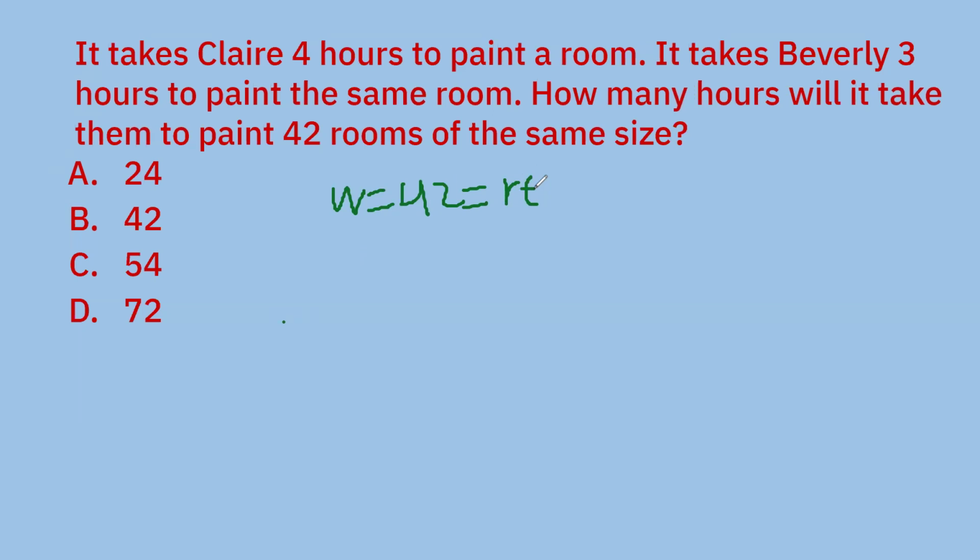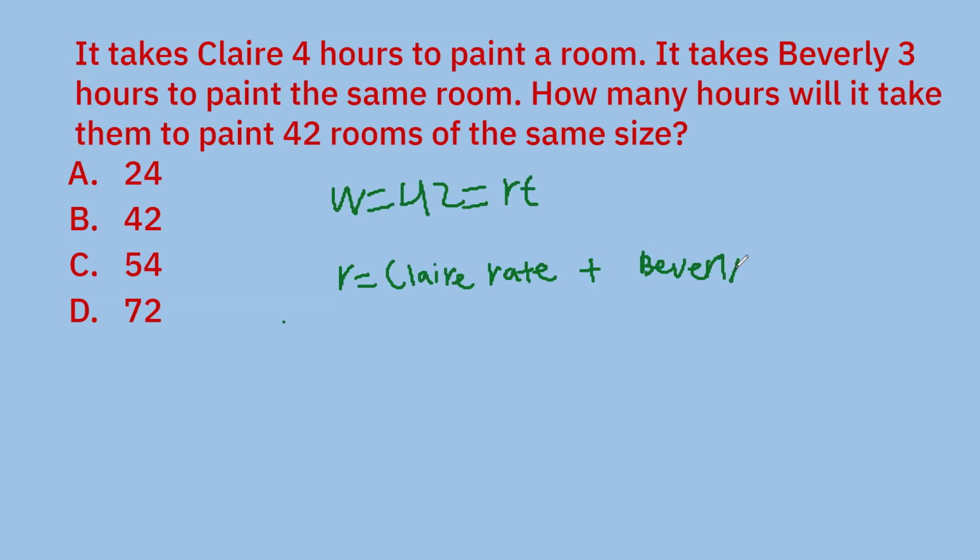Now let's find R. R equals Claire rate plus Beverly's rate. Right? And now we have to find each of their rates.